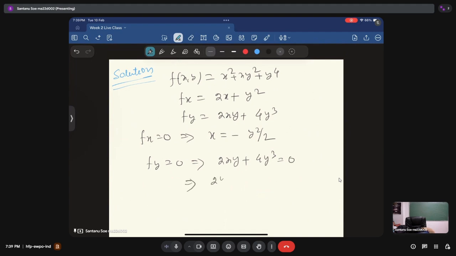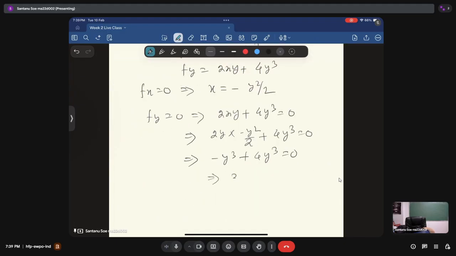So since 2y into minus y square by 2 plus 4y cube is 0, this is implying minus y cube plus 4y cube is 0. So this will imply 3y cube is 0 and hence y is 0. And y is 0 will imply x equals minus 0 square by 2, which is 0.